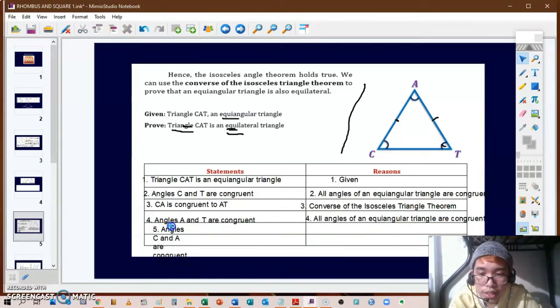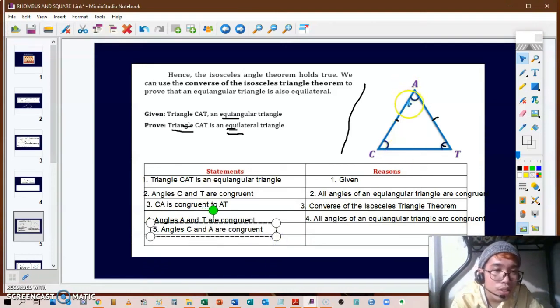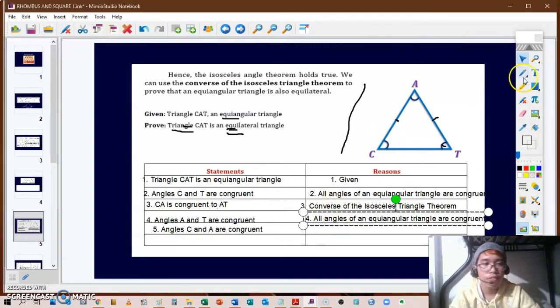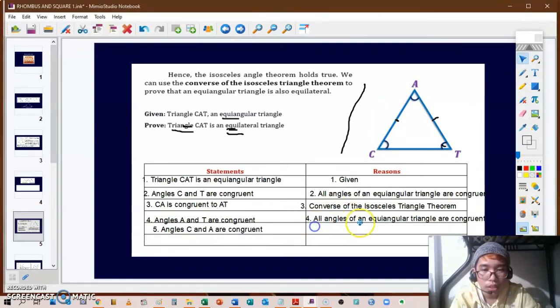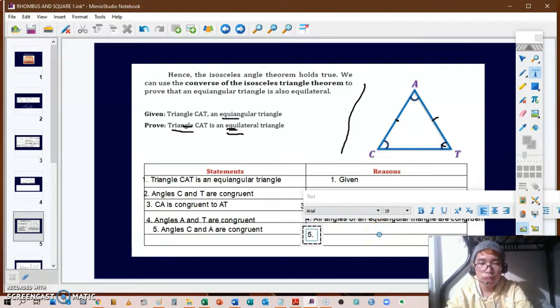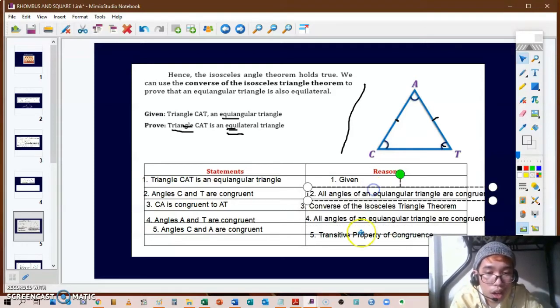So we can write here, number 5, transitive property of congruence.